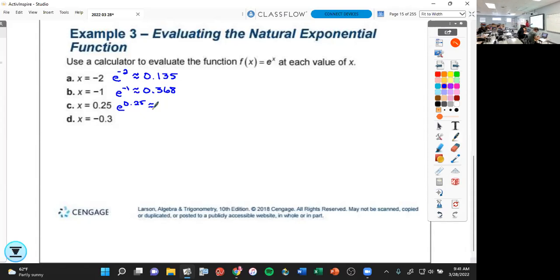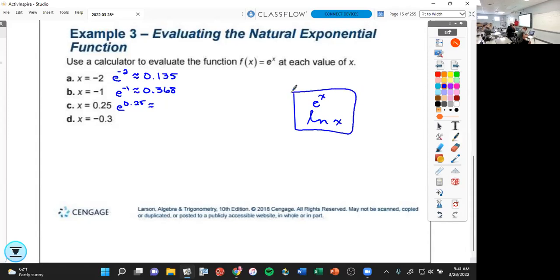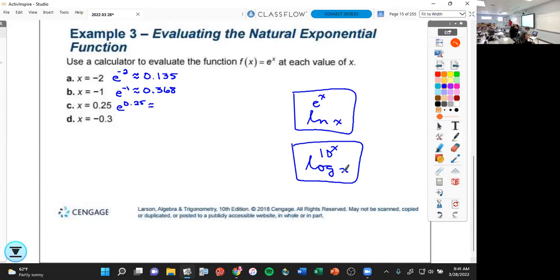How about natural log of x and e to the x? It's the same button, isn't it? Because they're inverse operations. Just like log x and 10 to the x. Same button, aren't they? Inverse operations.